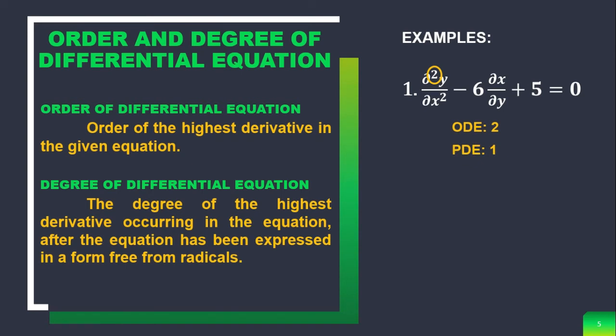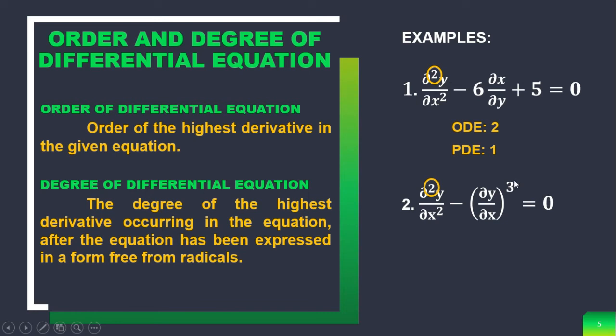Okay? So, let's proceed to the next example. The second partial derivative of y with respect to x minus the partial derivative of y with respect to x raised to 3 is equal to 0. And which is the largest derivative here? Is it 3? Maybe your answer is 3 since 3 is the largest number here.